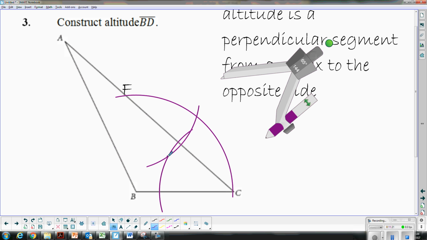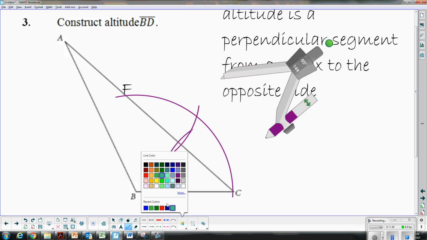Right here is a point that's equidistant from F and C, and B is also equidistant from F and C, and so is this other point, but I don't really need a third point. So now I can use my straight edge to connect B and that other point to make my perpendicular bisector.